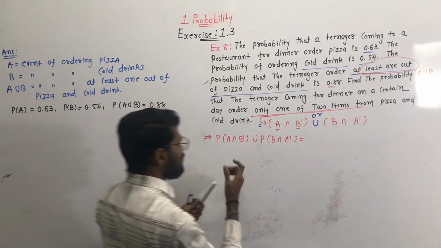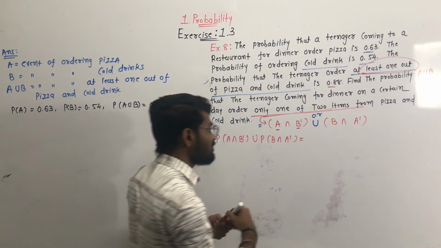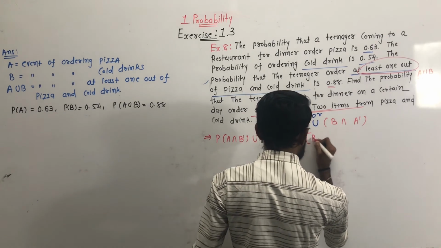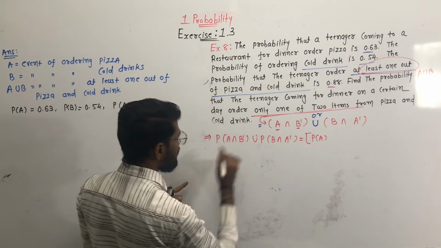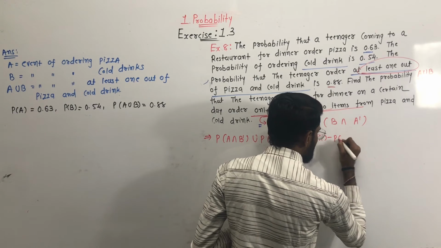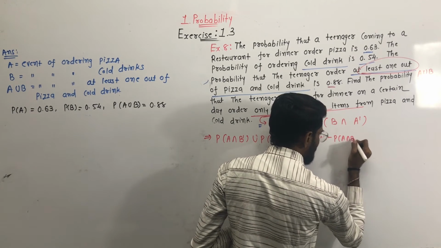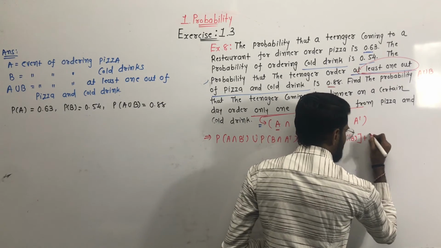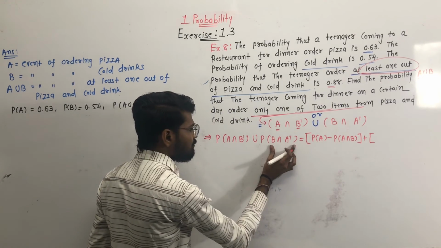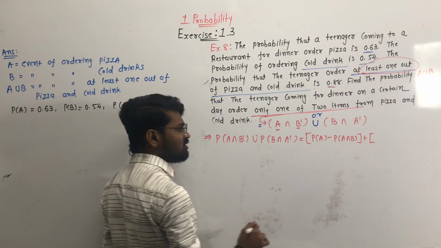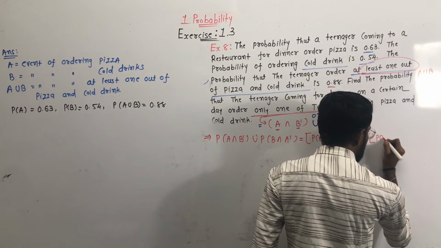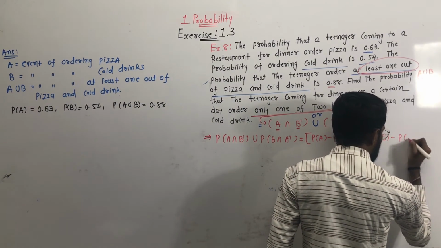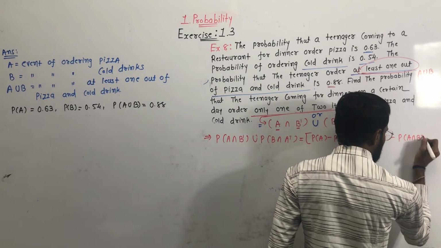P of A intersection B dash is P of A minus P of A intersection B. Then for union there is a plus, and P of B intersection A dash is P of B minus P of A intersection B. Clear?